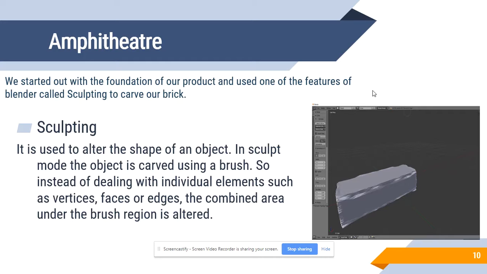The cuboid is remodeled using the sculpting tool so that each individual element is retextured, and the vertices, faces, or edges are changed.